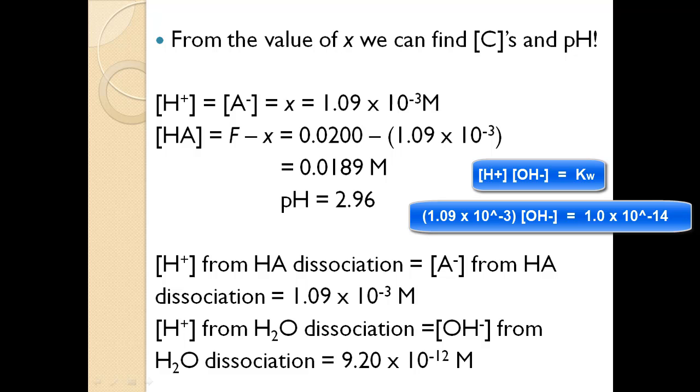The assumption that we made at the beginning, that H plus is derived mainly from HA, is really, really good, because 1.09 times 10 to the negative 3 molar is much, much greater than 9.20 times 10 to the negative 12. In other words, this dissociation is mainly happening because of that weak acid, not because of water dissociating.